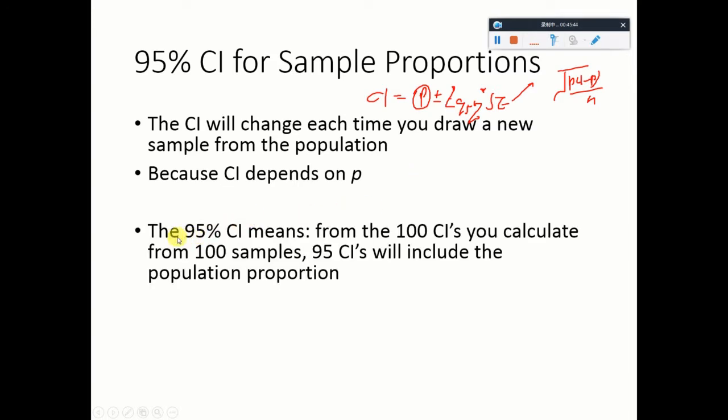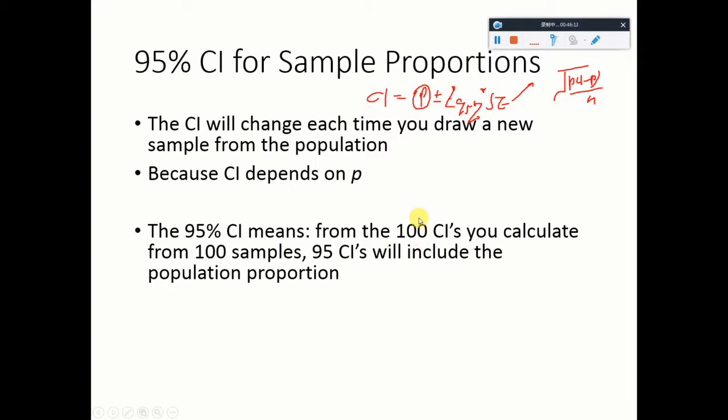We can now interpret the meaning of this 95% confidence interval. This is exactly what we said before. This confidence interval will change depending on p. Another way to understand it is that each time we'll have a new confidence interval.